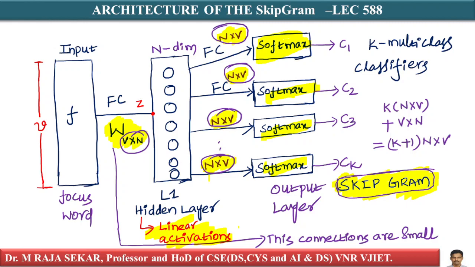The linear units which are in the hidden layer will not take much time. Computing these linear units is not a difficult task, but computing softmax is the harder part. Here you have softmax units. They try to optimize the computation of softmax.